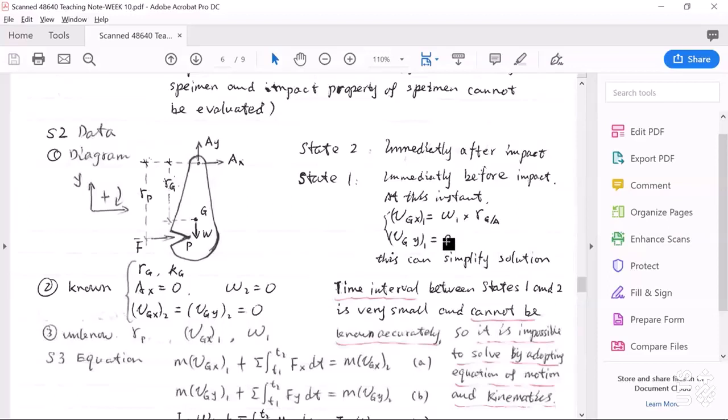Because at this instant, the pendulum is at a vertical position. So this means point G will be at its lowest position. So Vgy must be 0. To select this instant as the initial position can simplify our solution.